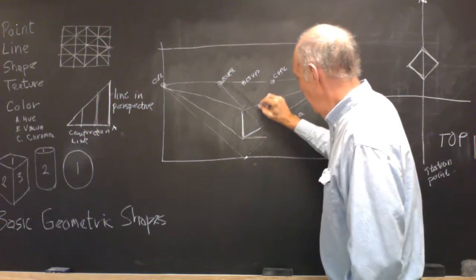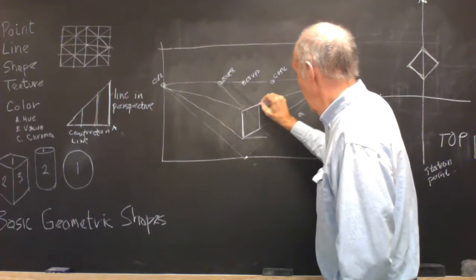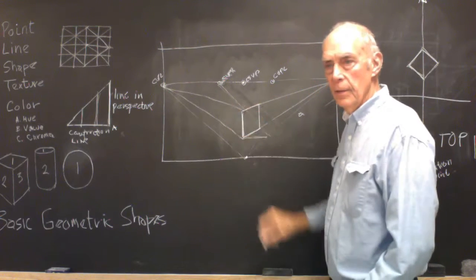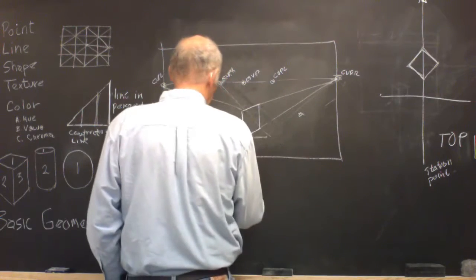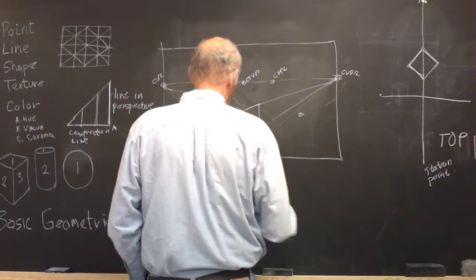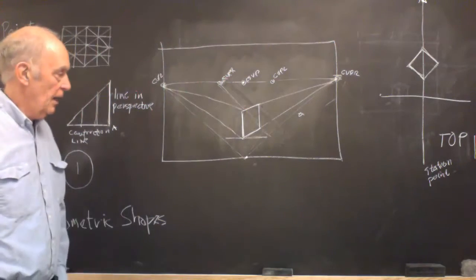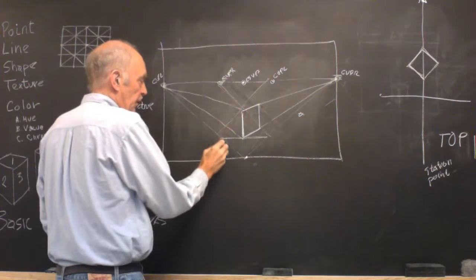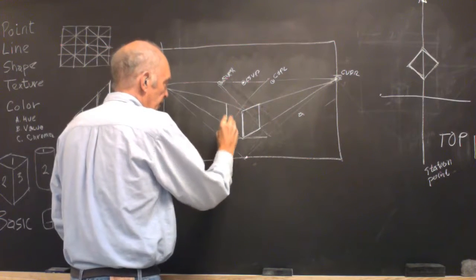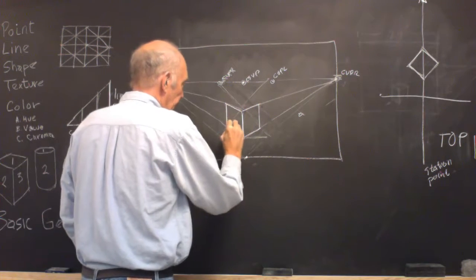Now, if I draw a vertical here, this is the perfect square in perspective. And if I do the same thing to the other side, then go to this construction vanishing point over there, this is the perfect square over here in perspective.